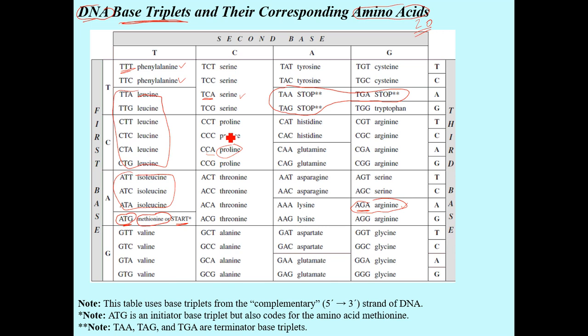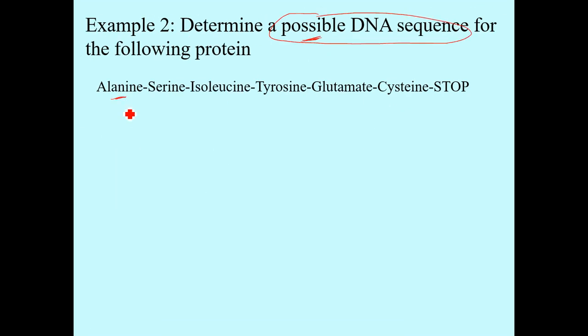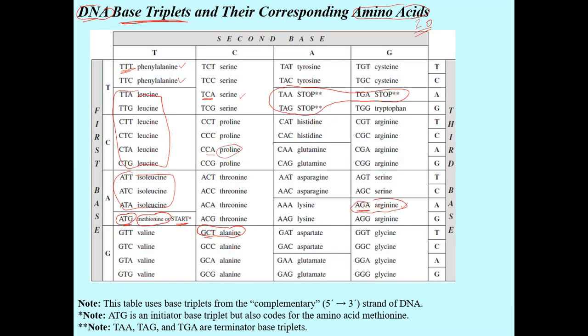Okay, so we'll just sort of go down the rows here. Oh, here we are, alanine. So I'm just going to pick that first one, GCT. So those are our first 3 letters, our first triplet. Then we have serine for our next one. Again, kind of going down.